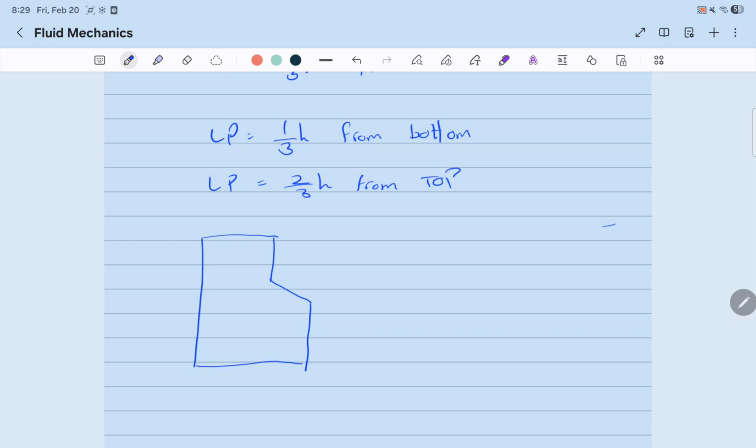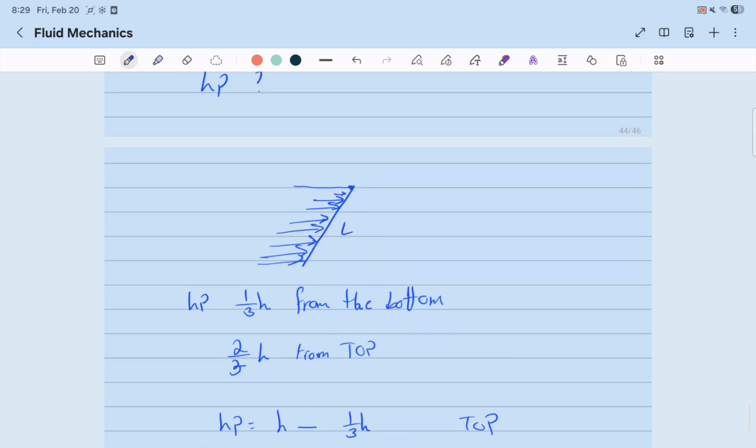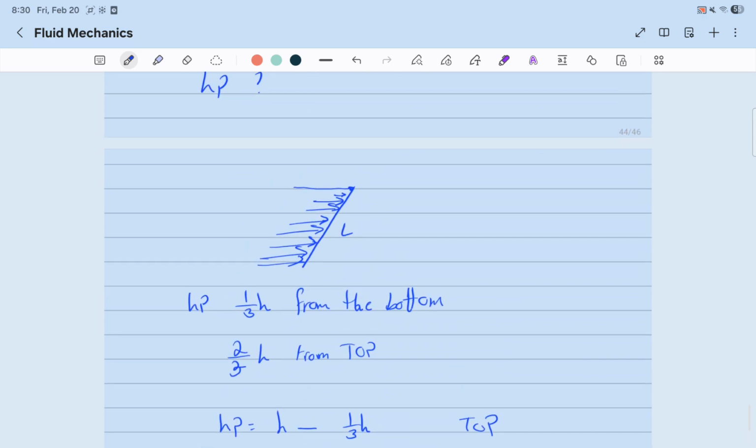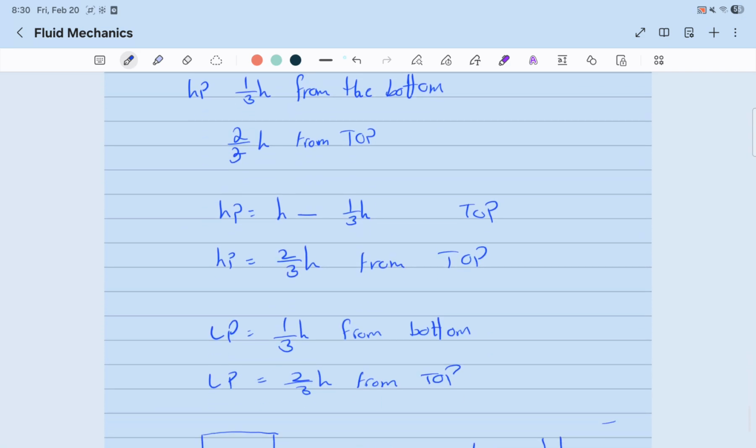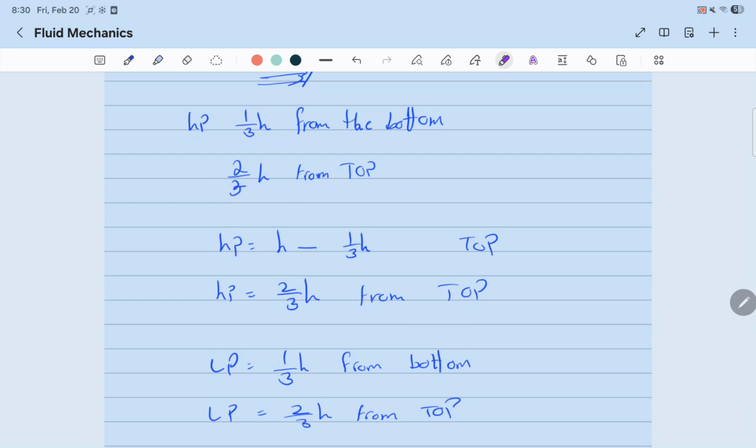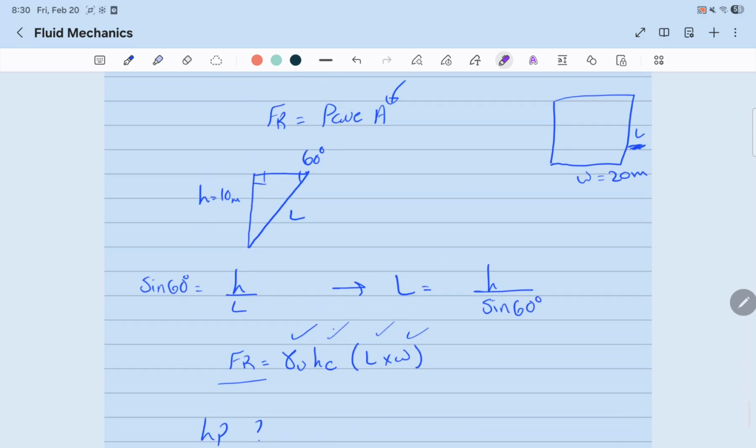We can't just say that HP and LP is 1/3 of H from the bottom. There's an actual equation used to find HP and LP, whereas since this is a simple wall, one vertical and the other inclined, we are able to use these laws right here. Okay, that's it for this class. See you in the next one.